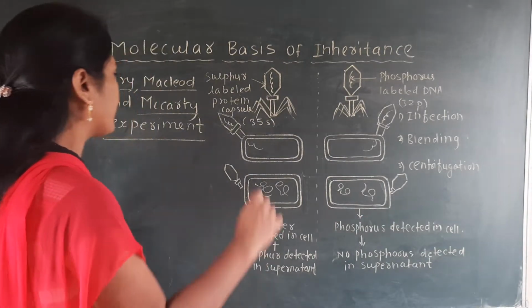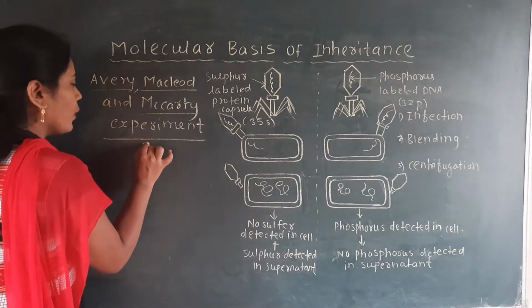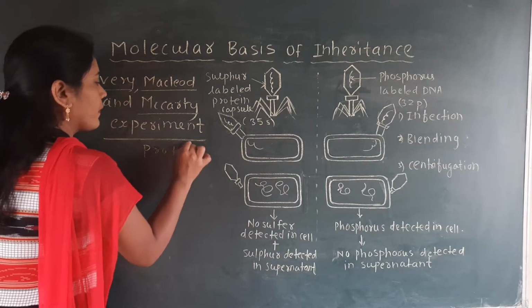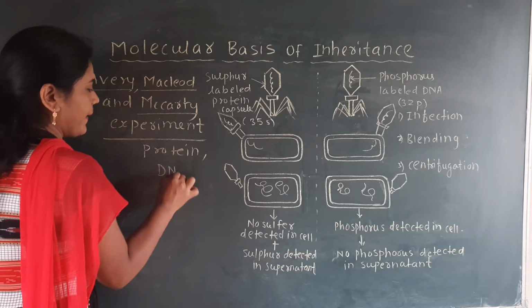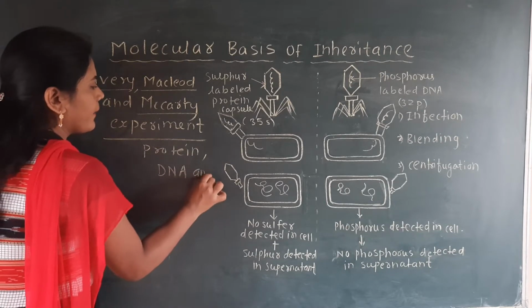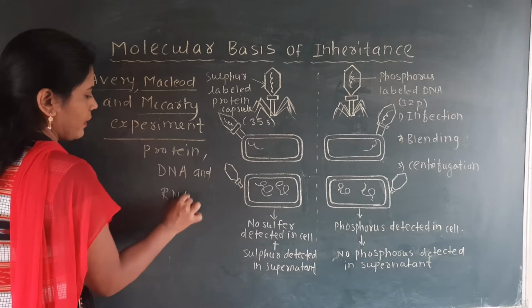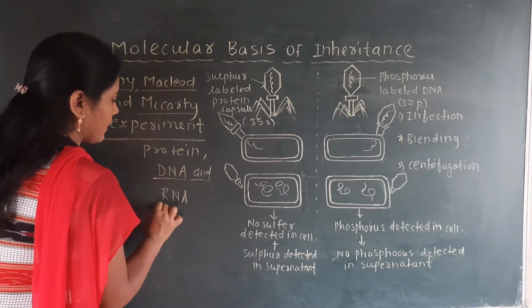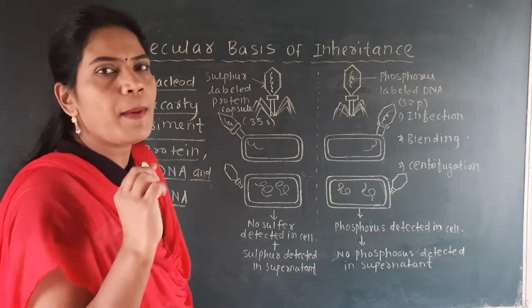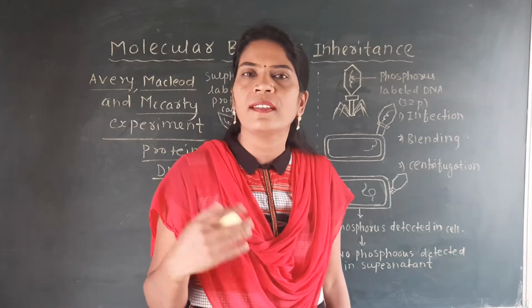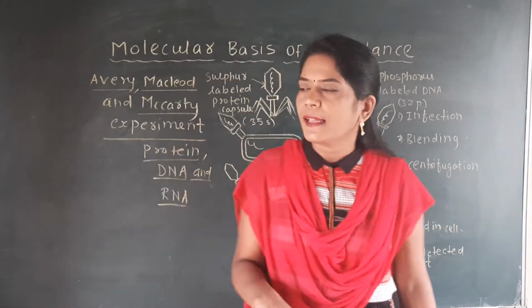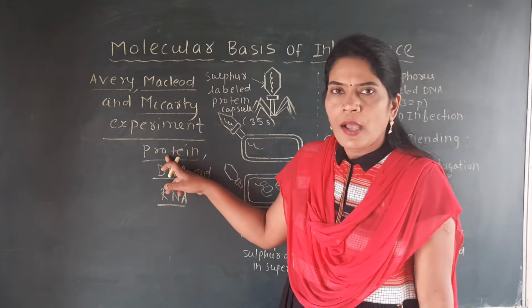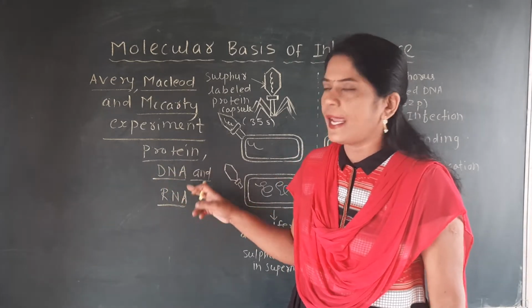These biochemicals are the protein, DNA and RNA. These three biochemicals they isolated from the dead S strain bacteria.